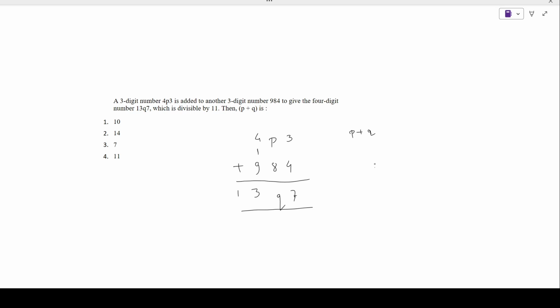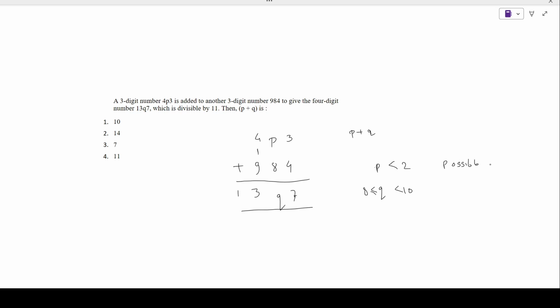So we understand that p is less than 2, and q is less than 10 and greater than or equal to 8. The possible values of p will be 0 and 1.